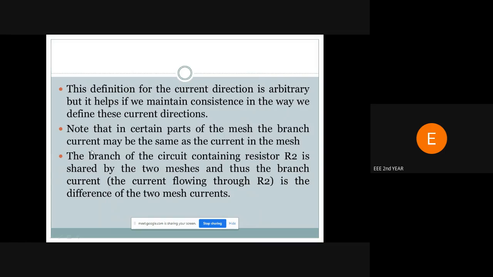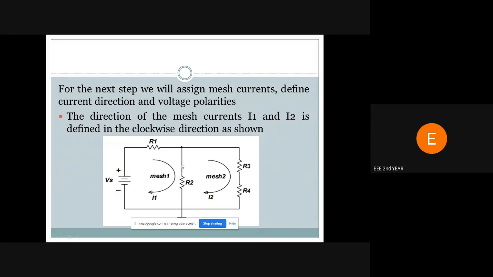Okay, so the branch of a circuit containing the resistor R2 is shared by the two meshes. You can see this is R2. In this branch, two currents are flowing.